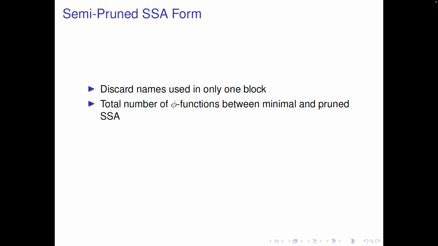So what you do is you discard those names which are local, because if you know that X is being defined and used in the same block, then you don't need it anywhere else. Okay, so the total 5 functions that you will insert will be between minimal and pruned. Okay, so it only needs local live information which is easy to compute while you are parsing your code.